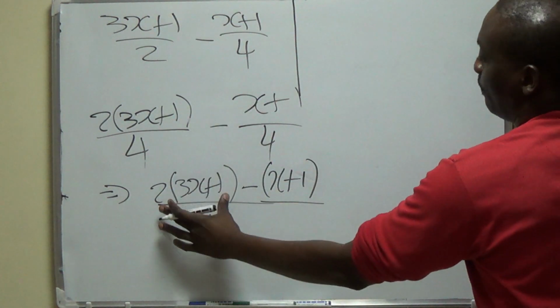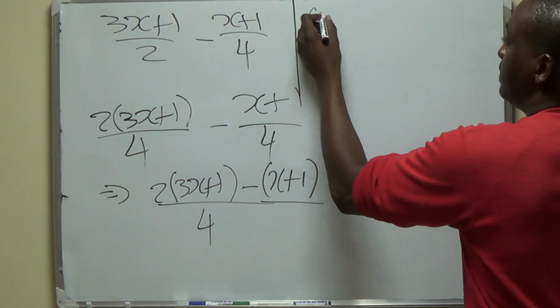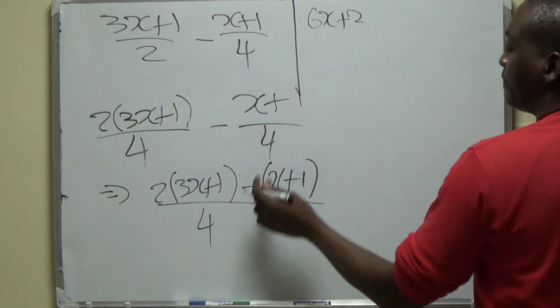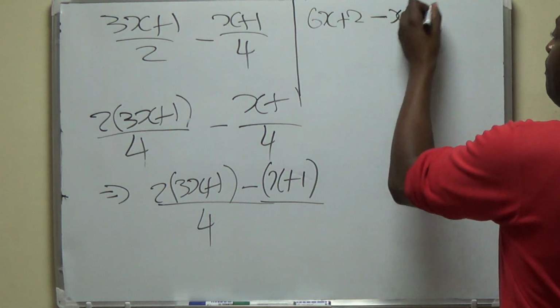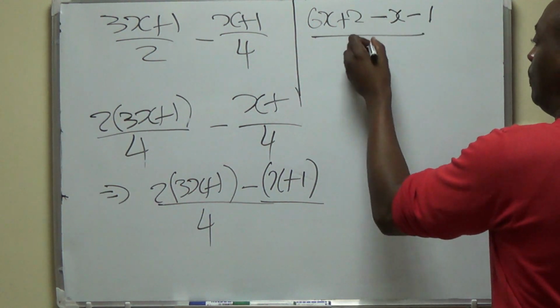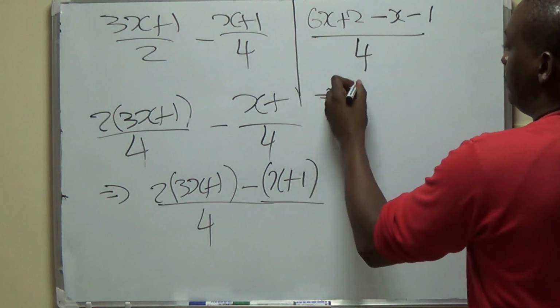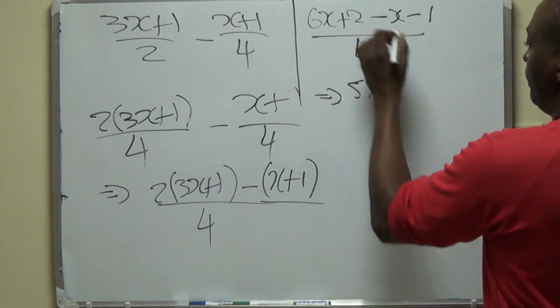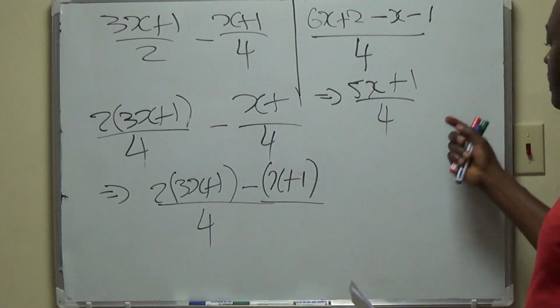When you expand, you'll get 2 into 3x plus 1, you'll get 6x plus 2 minus x plus 1 will give minus x minus 1 all over 4, which will be 6x minus x, which will be equal to 5x. 2 minus 1 is plus 1 over 4. And that is the answer.